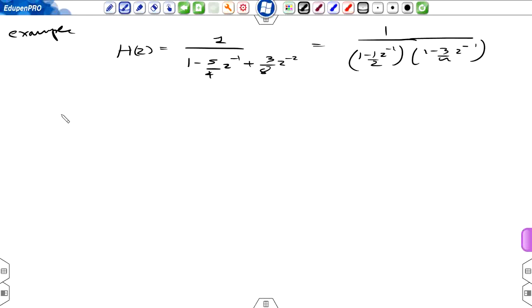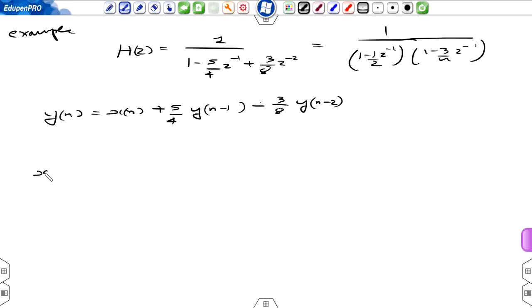In time domain, I can write y(n) is equal to x(n) plus 5 by 4 y(n minus 1) plus minus 3 by 8 y(n minus 2), and I can draw the block diagram following this equation.